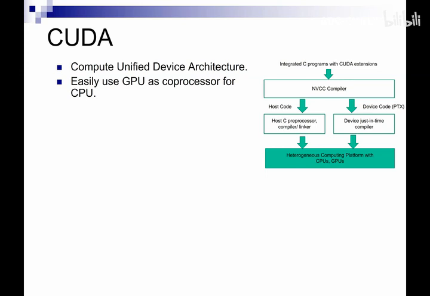Then you use the NVIDIA CUDA compiler, and that's going to produce code that can run both on your CPU and your GPU, because your CPU and GPU have to work together in order to run the CUDA code. These CUDA programs that use the GPU still start on the CPU, and then the CPU eventually passes control to the GPU. But the CPU and the GPU have to work together.